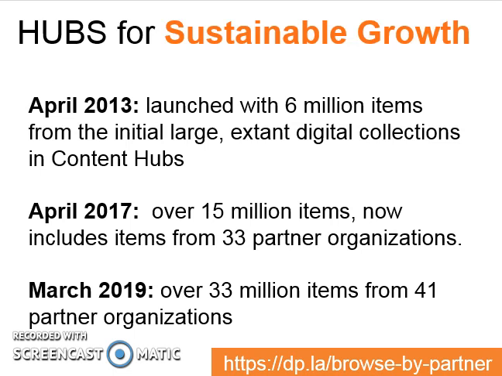Within 4 years, April 2017, the number of items more than doubled to 15 million items from 33 partner organizations. And once again, less than 2 years later, as of March 2019, it more than doubled again to reach 33 million items from 41 partner institutions.